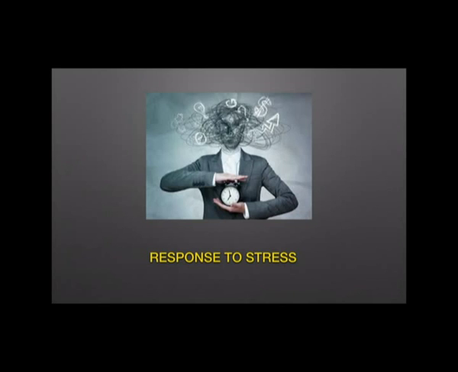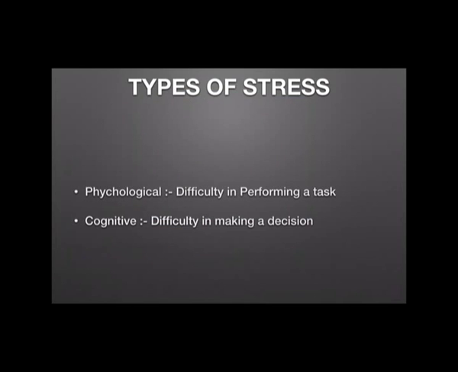So, let's talk about response to stress. This is the fascinating part about us as humans. There are 2 types of stress. There's the psychological stress, which is a difficulty in performing a task, and there's the cognitive stress, which is a difficulty in making a decision.